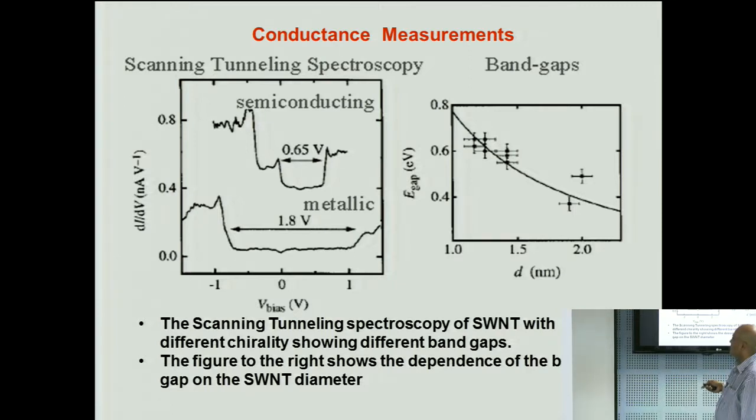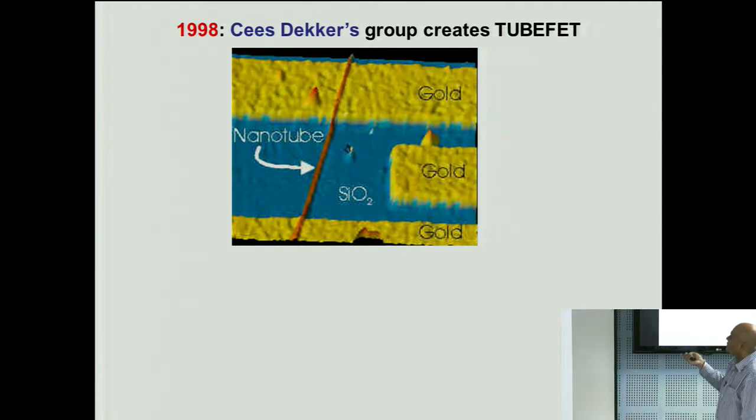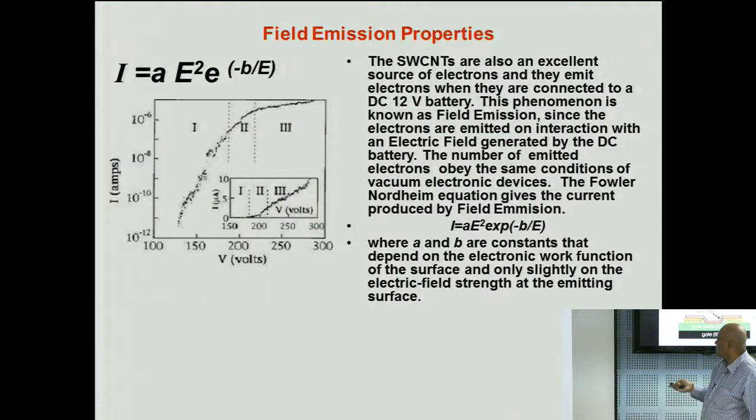So, for a certain diameter it becomes more semiconducting, and if the diameter gets bigger and the energy gap gets smaller, it becomes metallic. This was done in 1998, a pioneering work which came out from Holland. We will talk about this when we talk about CNT based transistors, so we will skip that right now.